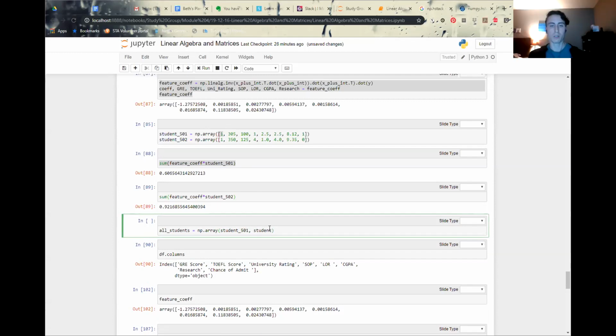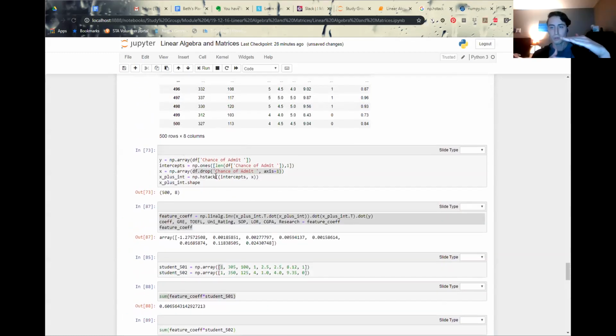I think you'll actually want to do a V stack of student 501 and 502. So that would be np.vstack. What is vstack? It lets you append in a row that way. And hstack lets you add the columns.